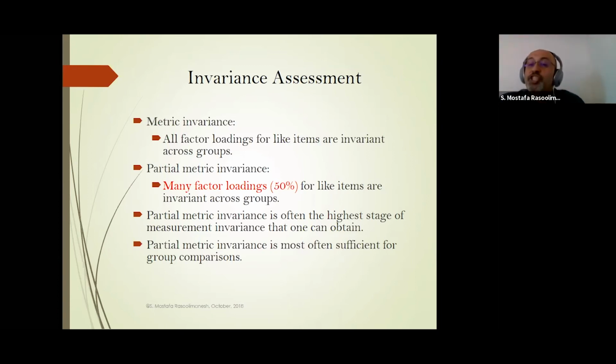If we don't check measurement invariance, maybe the difference between paths comes from differences between measurement models, not between path coefficients. So before running multi-group analysis and comparing paths, we need to make sure about measurement invariance.